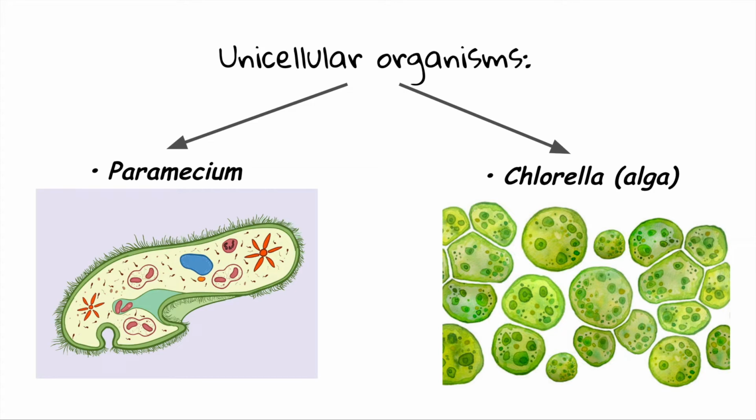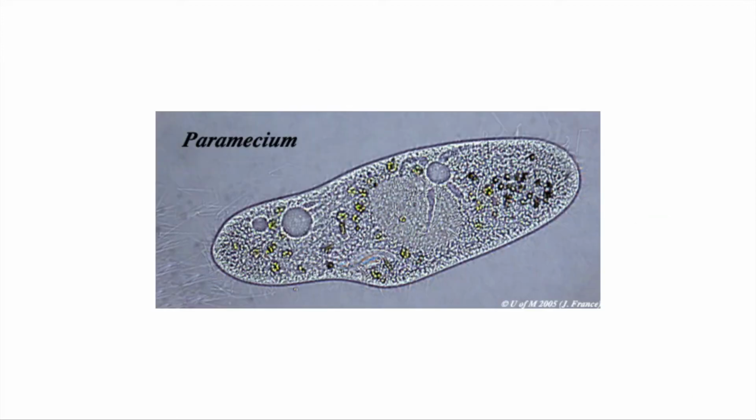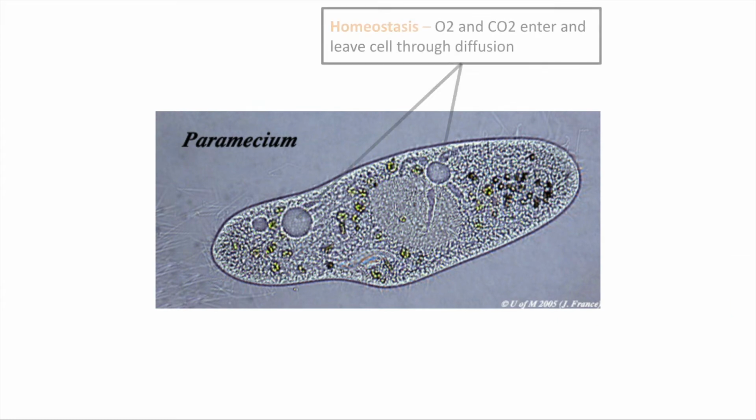And this is because we need to remember that the unicellular organisms need to be able to complete all of the 7 basic processes of life. And I'll be relating those 7 life processes to the structures of these unicellular organisms. So first of all, let's talk about paramecium.